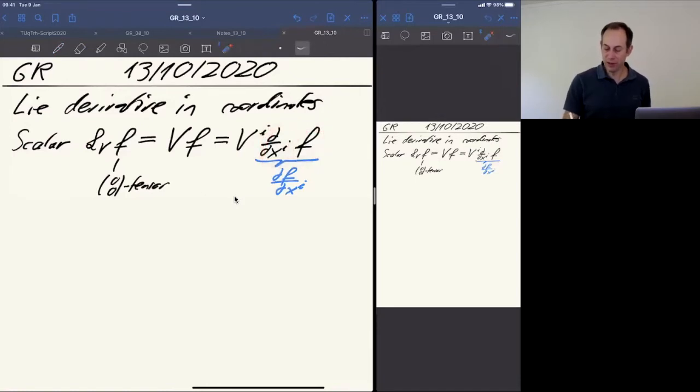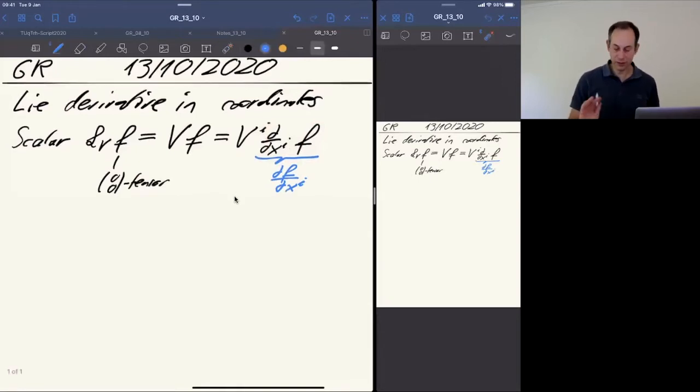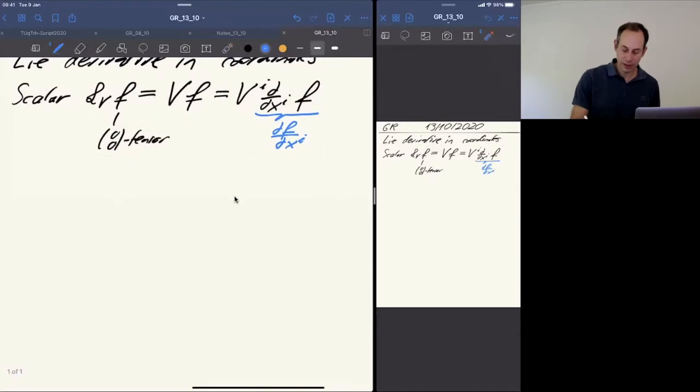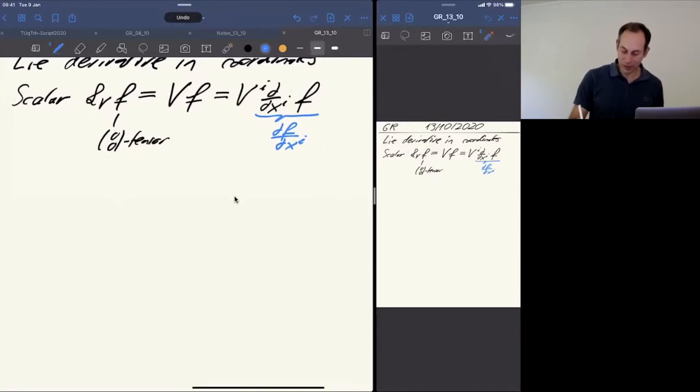And the meaning of that is not that it's a partial derivative of f directly, because f is defined on the manifold. It's a partial derivative of the chart representation of f. You have seen all that, and you can of course go back to the definition of these things. So here we already understand it. So that concludes what I wanted to say about the scalar.